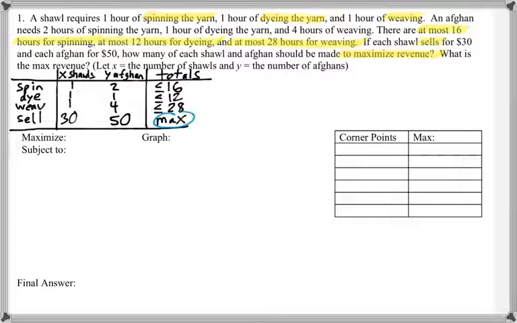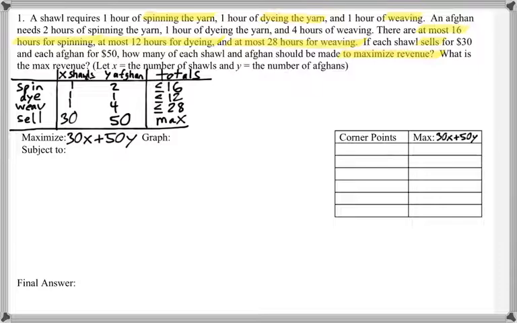The one that says max, this actually tells us that the 30x plus 50y is our objective function. So this is the one that we are trying to maximize. So we're not actually going to graph this, we're just trying to maximize it. But the other three, those are constraints. We need to graph those.